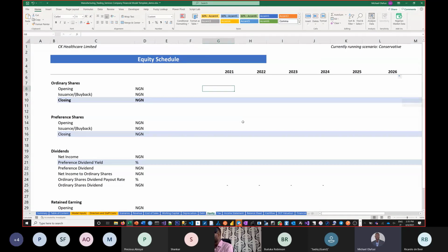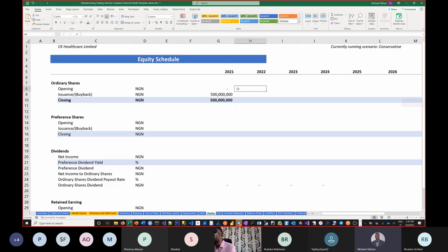What does that mean? At the beginning of the year, the business was not existing. During the year, you put together 500 million naira to start the business. So what does that mean? At the end of the year, the closing value of your equity is what you had at the beginning plus what you raised during the year.